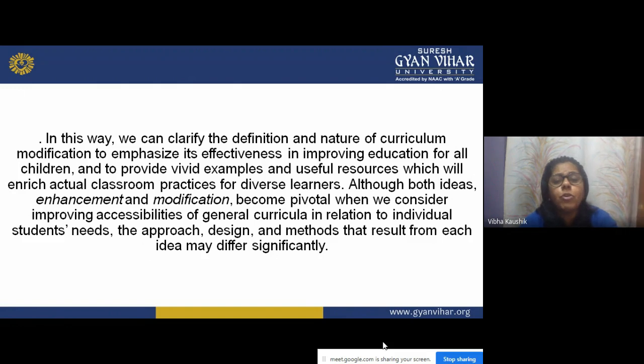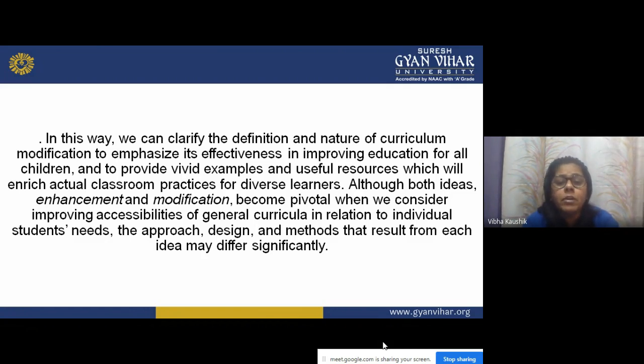By bringing effectiveness to the curriculum, we are improving the education process for all the children who are involved in studying, and providing vivid examples and useful resources which will enrich existing classroom practices for diverse learners.